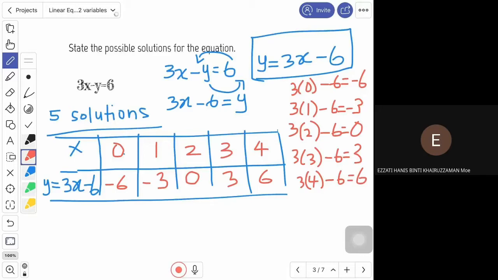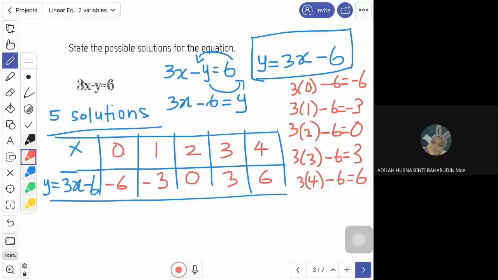Usually, if it doesn't state how many, 5 is enough, but not less than 3. Usually, it will give you how many, like state 3 solutions or 4 solutions. Alright.